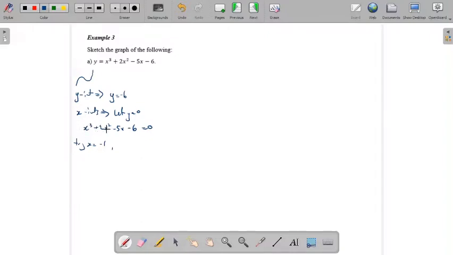This will become +2, which is +1. This will become +5, which is 6 minus 6 is 0. Okay, that equals 0, which means that x plus 1 is a factor.